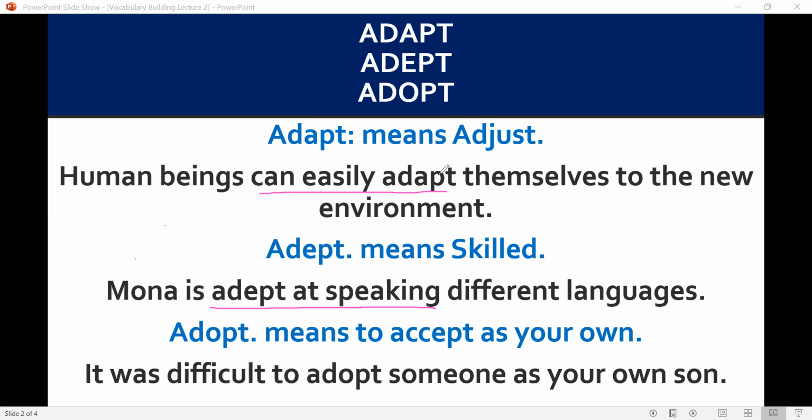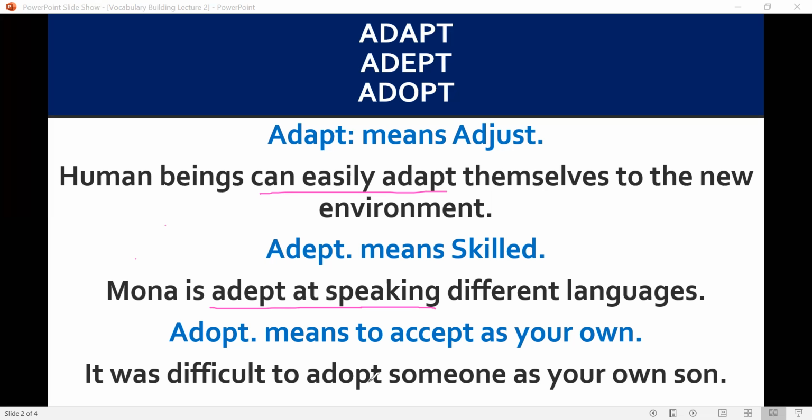But in listening, you may get difficulty in understanding the meaning if you don't know the meaning of the word. You may get confused. If you know the construction of sentences and the sense in which these words have been used, there will be no difficulty in understanding in which meaning the writer is using them. Now, the third one is adopt, which means to accept as your own.